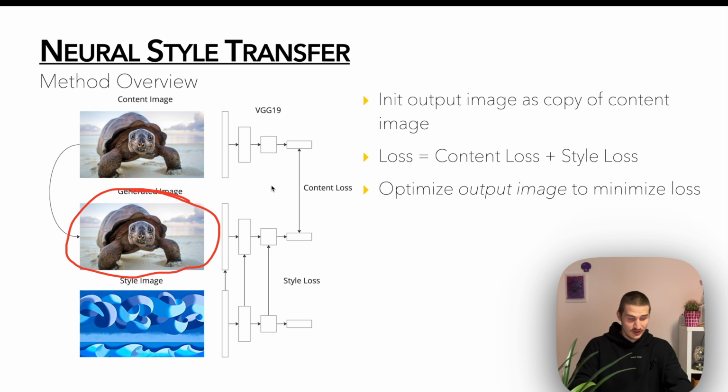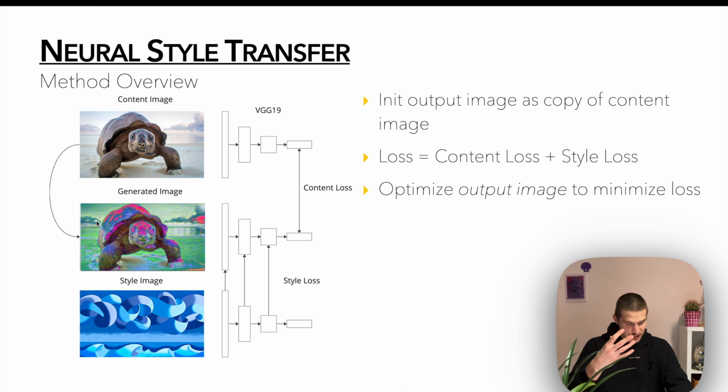So let's see what will happen after a few iterations. After just a few iterations, the pixel values have changed, the colors have changed drastically. It doesn't really look like anything. We get some weird red stuff here and so on. Then after a bit more iterations, we're definitely getting this blue vibe and maybe more wavy texture, then even better.